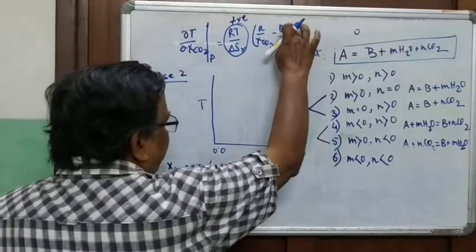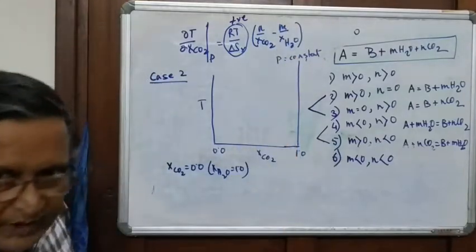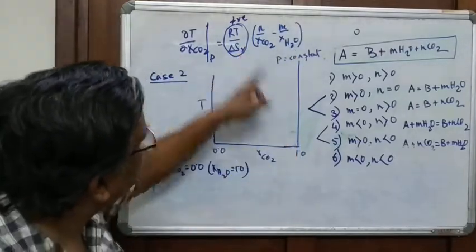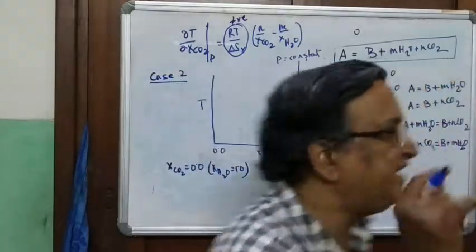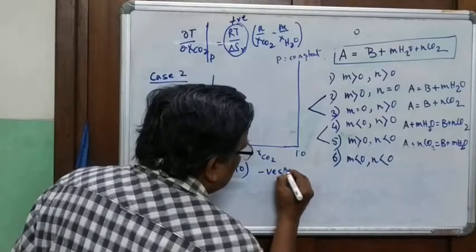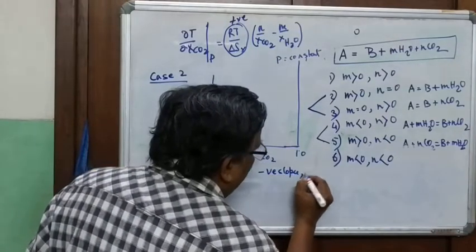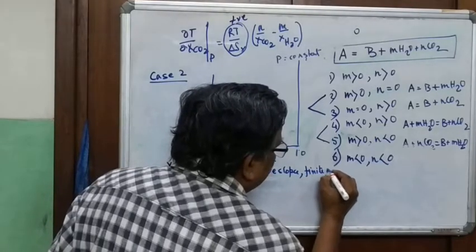So you will see if M is equal to 1 and XH2O is also equal to 1, then you will have a negative slope, but the value will be finite. So you will have a negative slope and finite intersection.